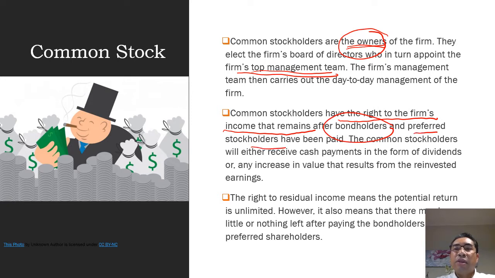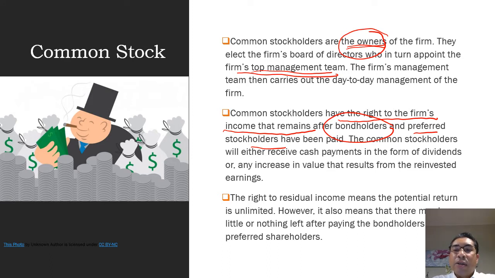In terms of priority, the stockholder will be the last person to be paid when it comes to the company's profitability, as well as in the event of bankruptcy. After the liquidation of the company's assets, the common stockholder will be the last person to be paid. So the common stockholder is also known as the residual owner of the firm.